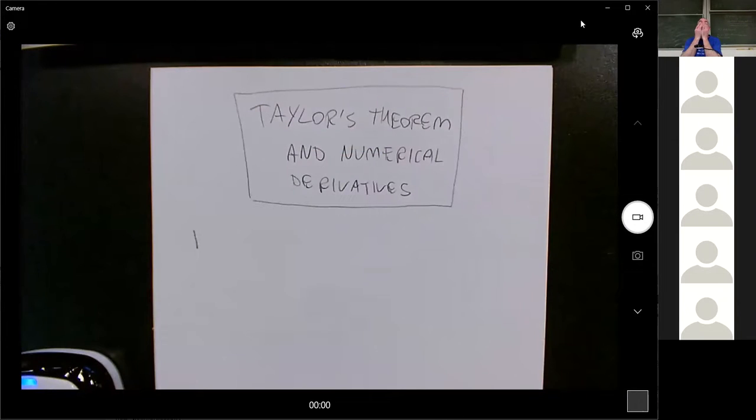The vibe of Taylor's theorem is trying to write all functions as polynomials. That's the idea of it.